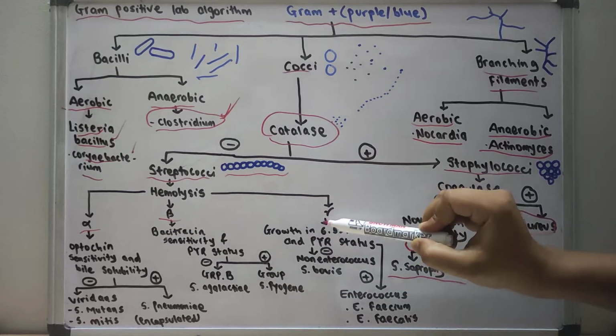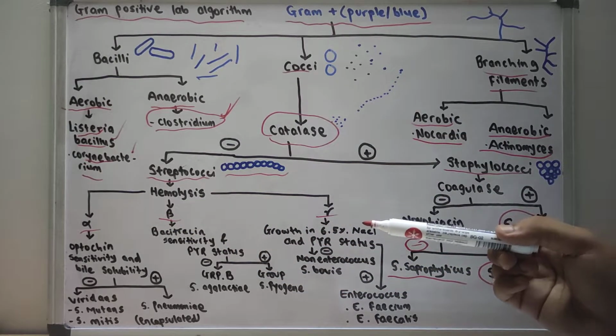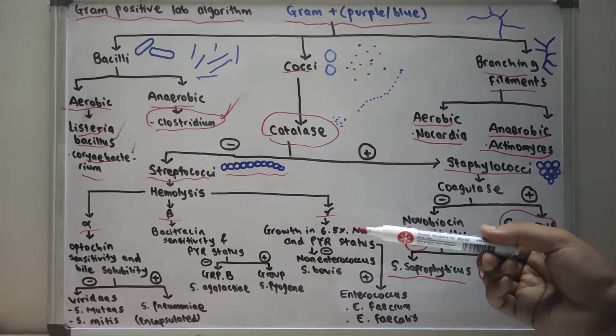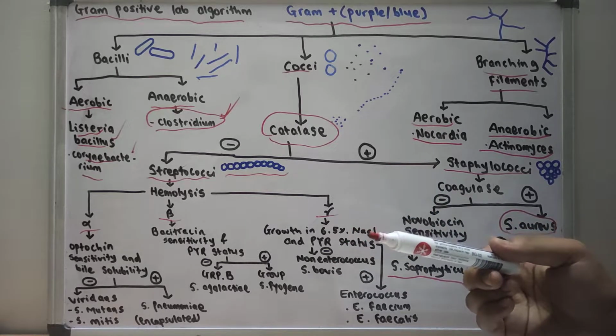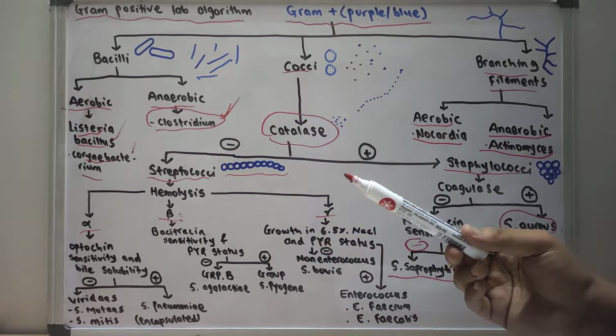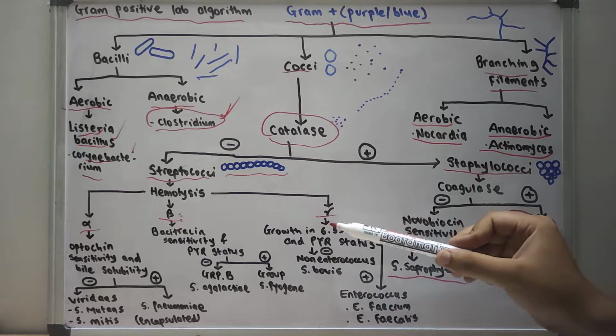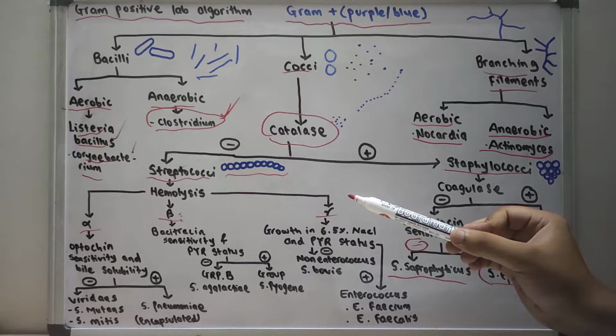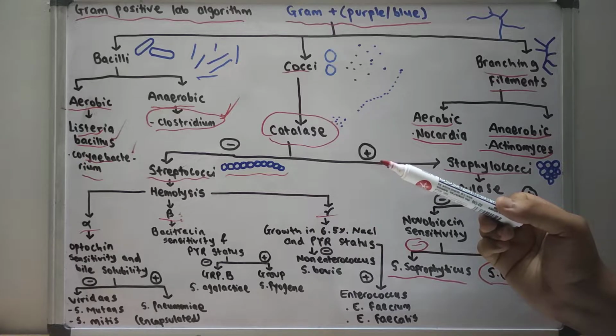In alpha hemolysis, it is partial hemolysis and appears green, whereas in beta hemolysis, it is complete hemolysis and clear. And in gamma hemolysis, there is no actual hemolysis, and it grows in the bile.